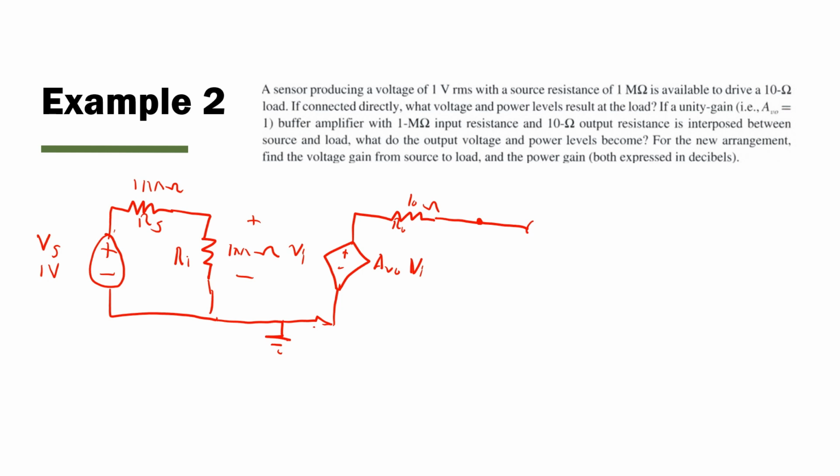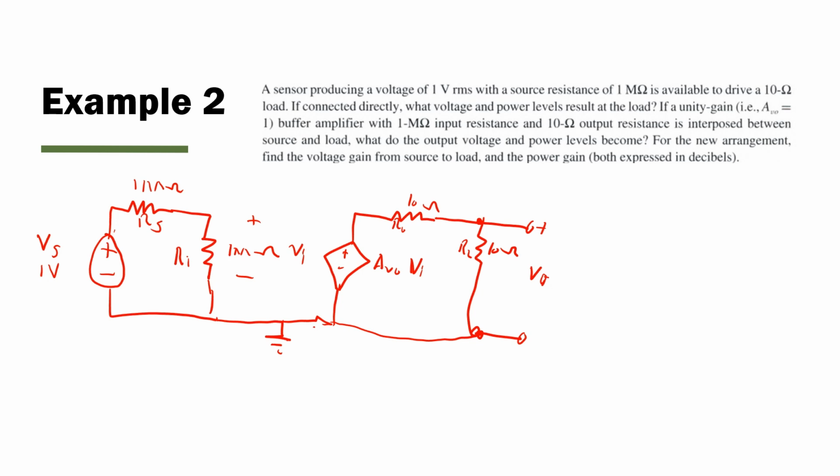Then we have our load, which is also 10 ohms still. And this is where we are reading V out. So we have a load, and this is 10 ohms. Okay, we've drawn our circuit.